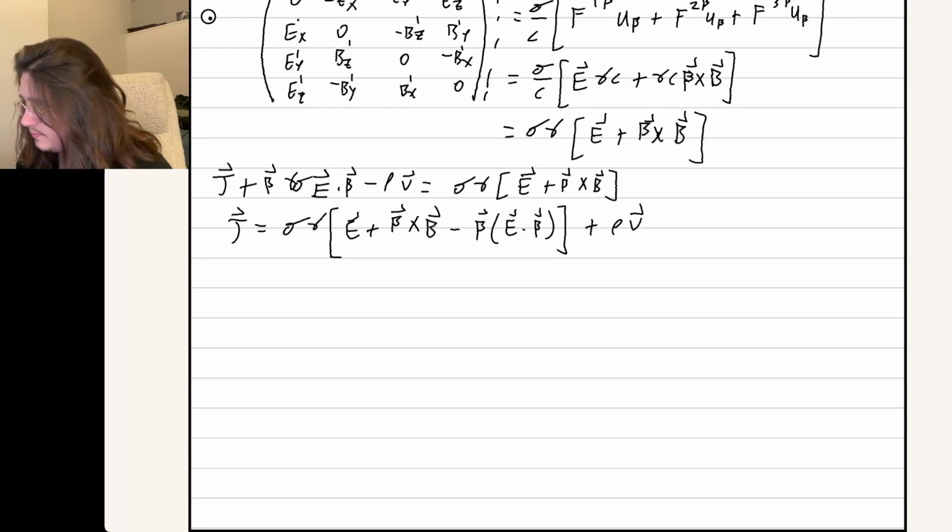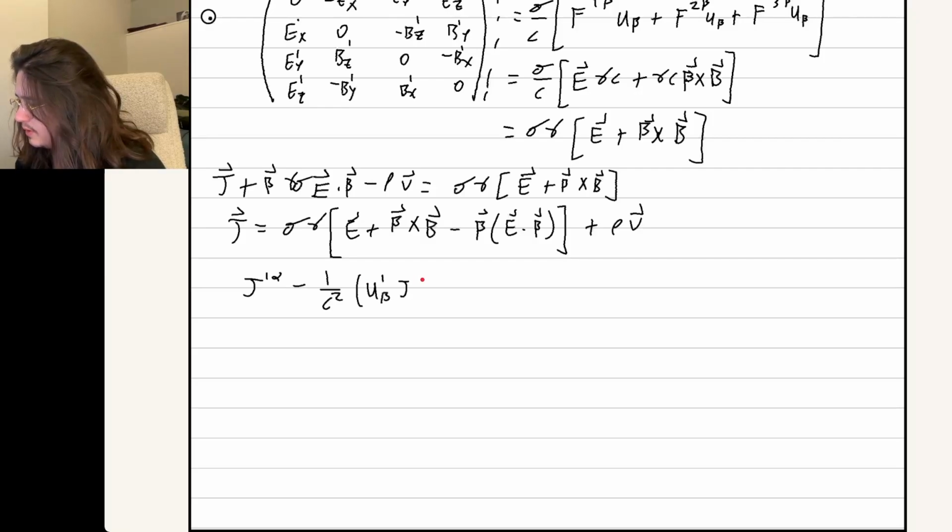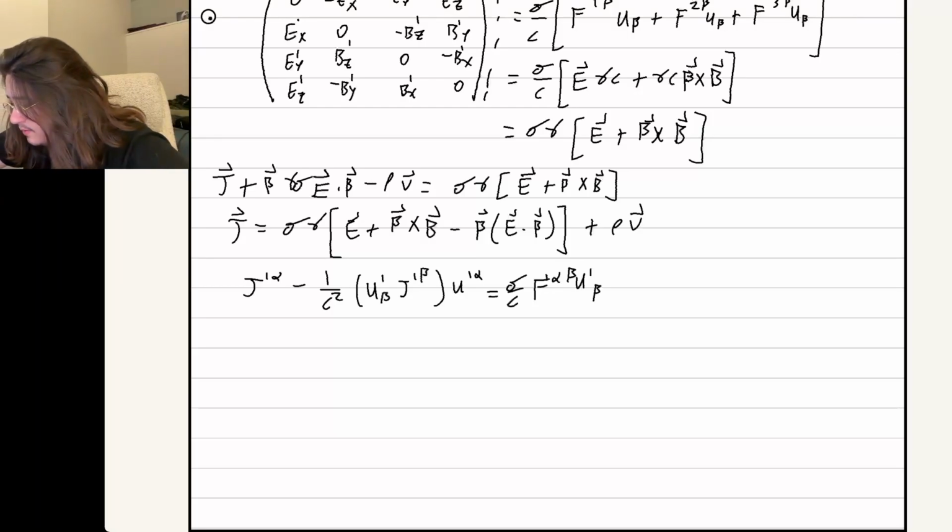If we write this equation one last time, but then only look at the primed components, so lab frame, minus 1 over c squared u_beta' J'_beta, and then this is going to be u'_alpha equals sigma over c F'_alpha beta u'_beta.